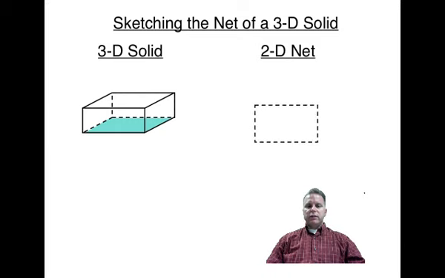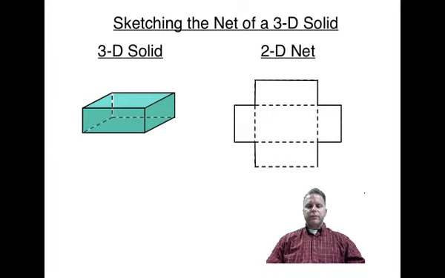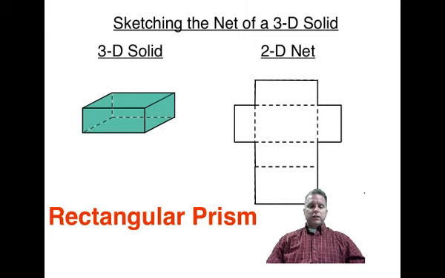Then I'm going to fold that over, or unfold it. Unfold that. Basically just the sides. And then I'm going to unfold the top. And that would be my 2D net. The net is just basically everything we have. So that would be a rectangular prism.